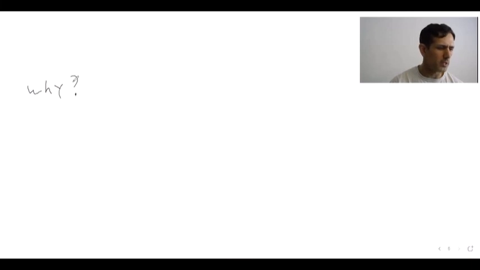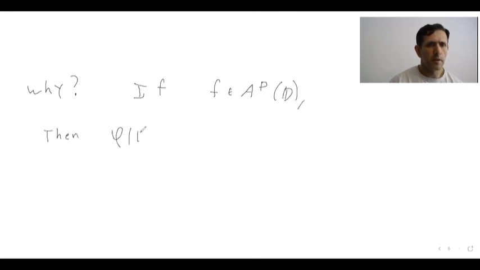Why is this true? Well, really, this is just a consequence of Fubini's theorem. So if f is in AP of the disk, then the Hahn-Banach extension is an extension of phi on AP.